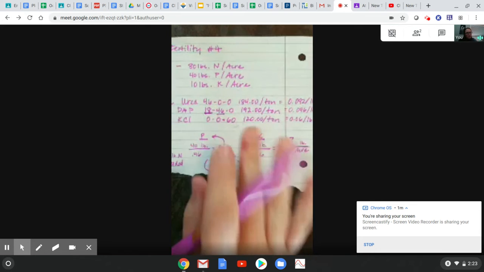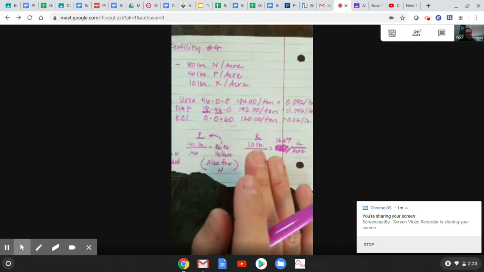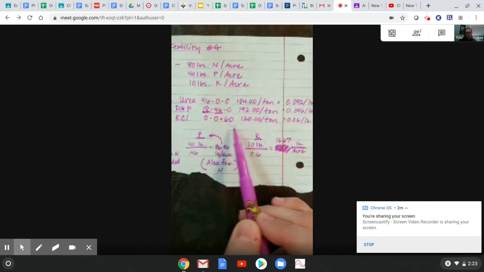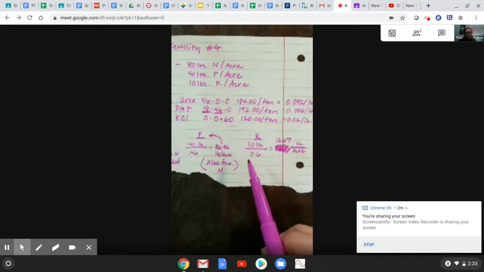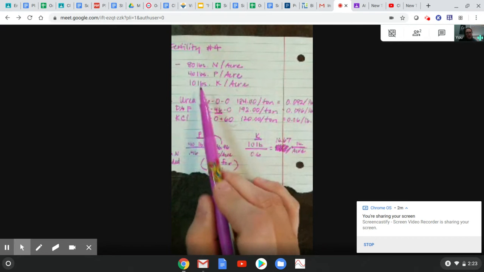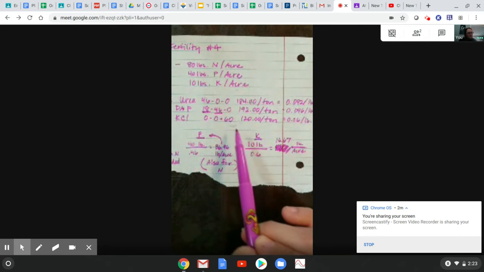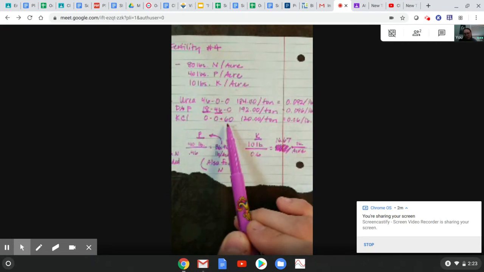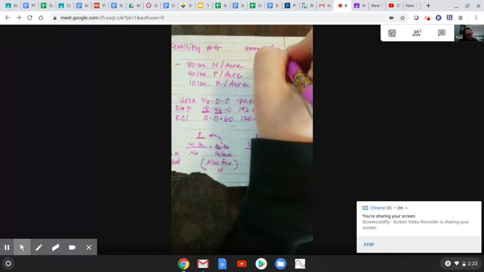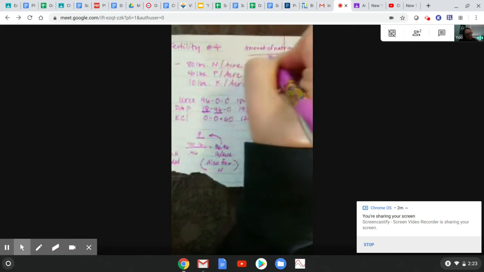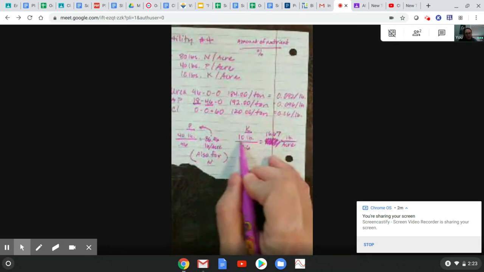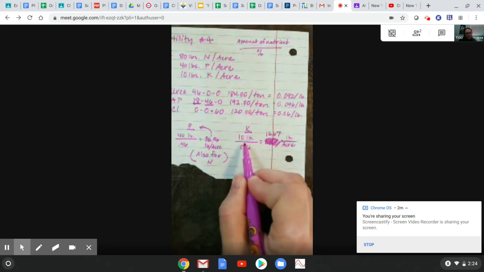What I'm going to do is start with the potassium, because I can only get potassium from one of the fertilizers. If I need 10 pounds per acre and I have a fertilizer that is 60%, I'm going to use that same formula from before: the amount of nutrient divided by the percentage. The amount of nutrient I need is 10 pounds, and the percentage is 0.6.